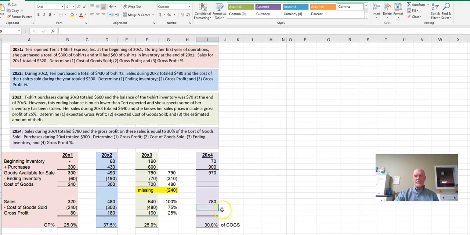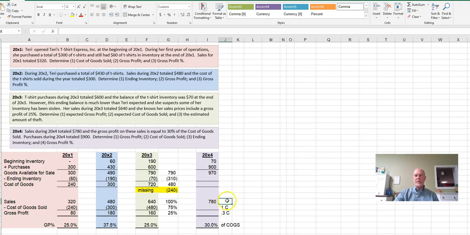What we're saying here is that whatever cost of goods sold is, let's call that C. Whatever that is, we know that the gross profit is 0.3 C, 30% of C. And we don't know either one of those, but remember that C, that means there is an understood 1 in front of that C. And we know that both of these added together would be equal to our sales, because sales minus cost of goods sold is gross profit.